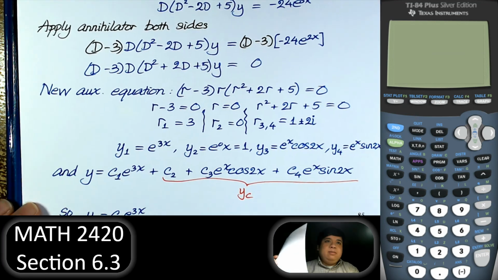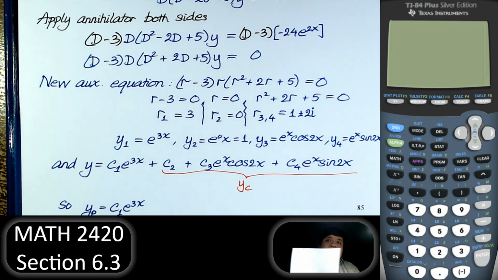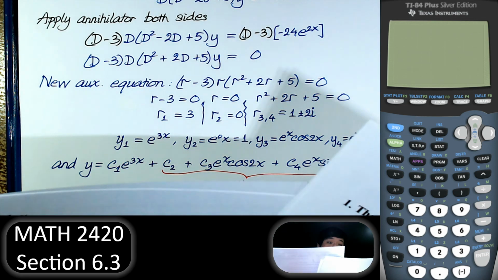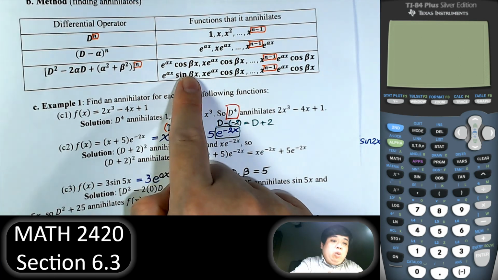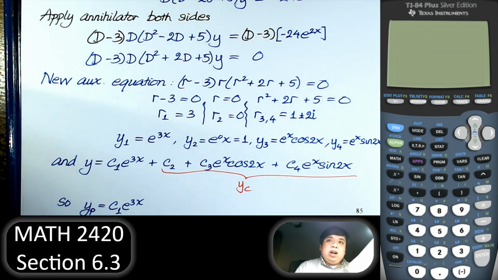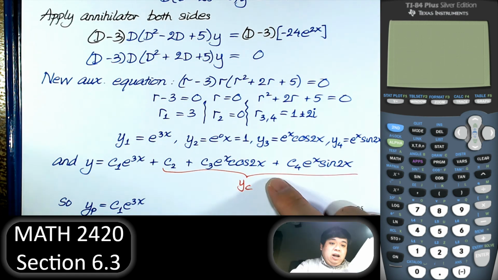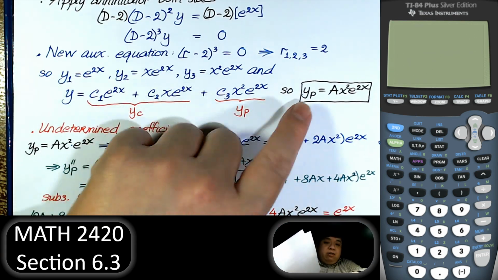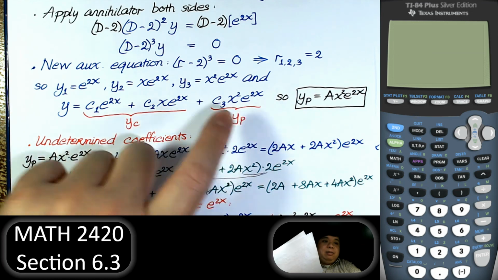So with the annihilator method, there will be fewer terms to guess. Of course, we still need to know what annihilates some types of functions, but other than that, it will take care of itself. We don't have to worry about whether we have to multiply by x or x squared.